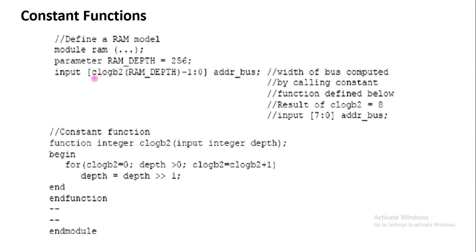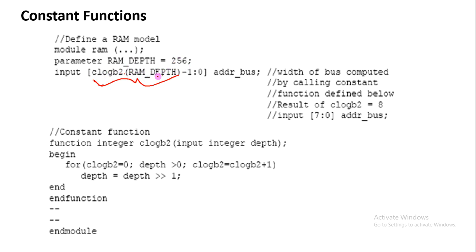Now here we have a function called CLOGB, just some random name. This is a function call: the function name followed by an input argument. The input argument is RAM underscore depth, that is 256.